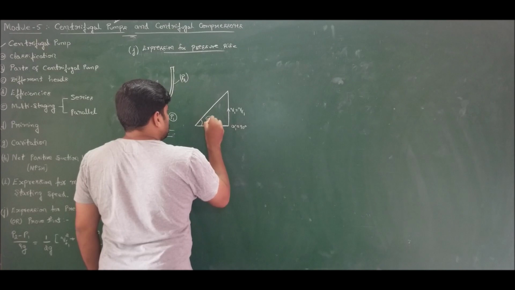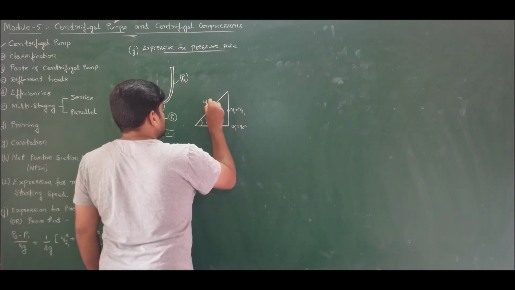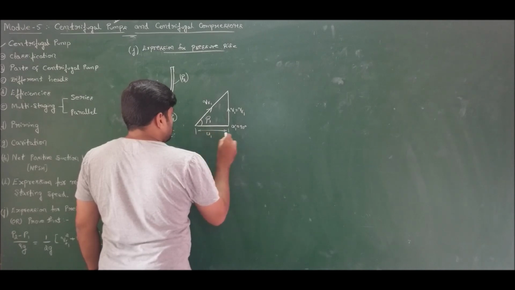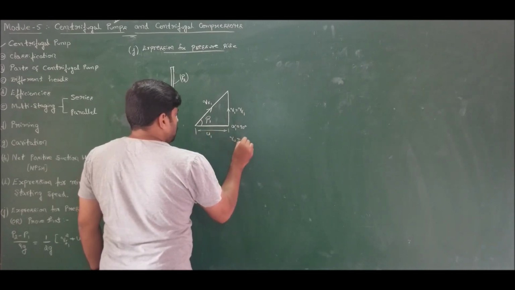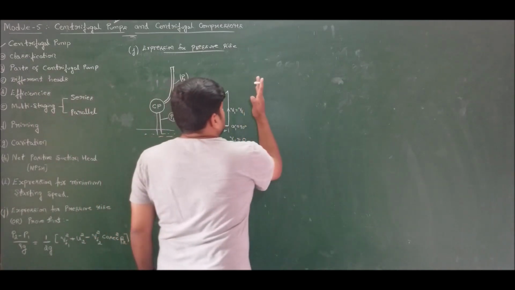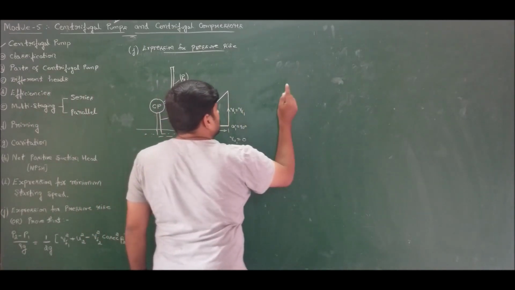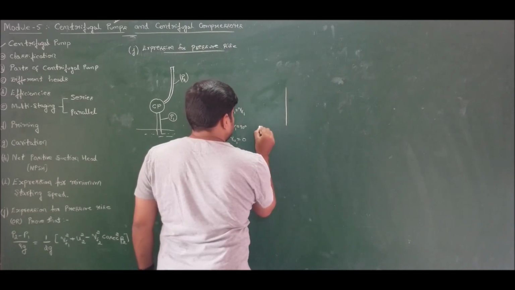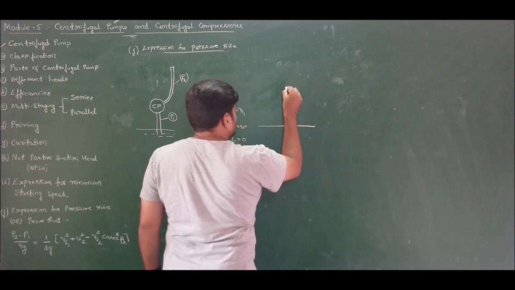Here we have beta 1, Vr1 and U1, whereas Vu1 is 0 for centrifugal pumps. Coming to the exit, you know the general velocity triangle of power absorbing turbomachines. So recalling it, which I clearly explained in our module 2.